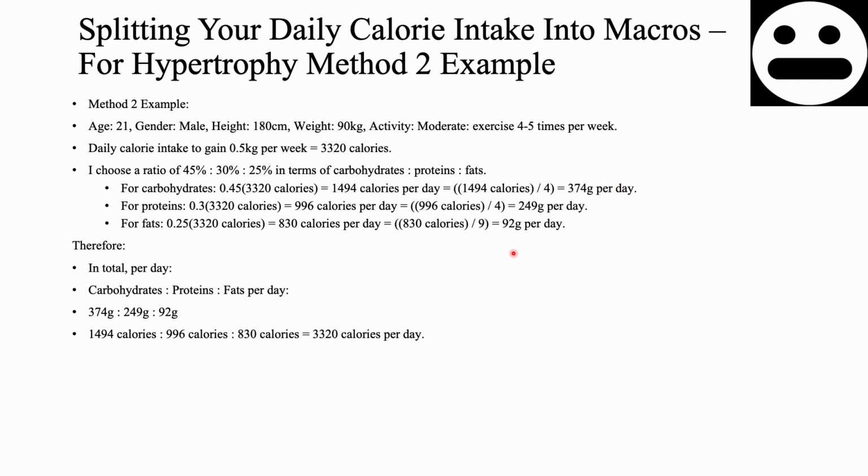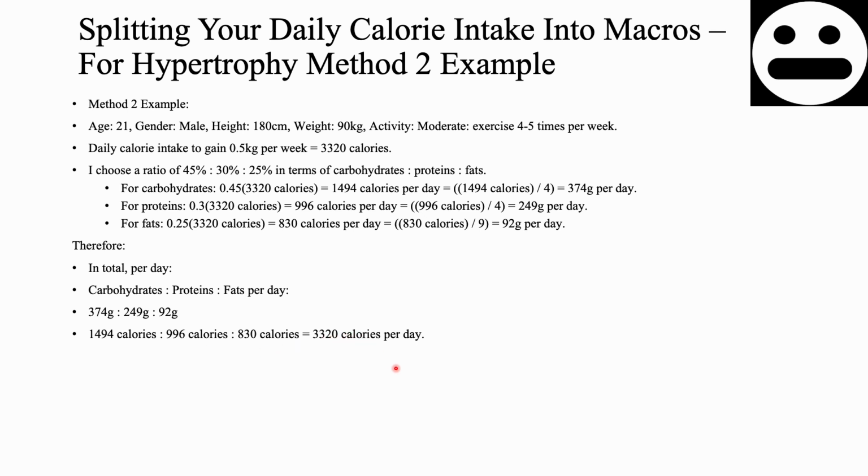So we do 0.45 times 3320, that's 1494. Divide that by 4 to get grams, etc. Therefore, total per day, carbs is 374 grams, protein is 249, fats is 92 grams, and here we have calories: 1494, 996, 830, 3320 calories per day.